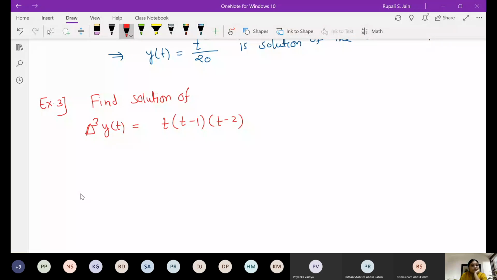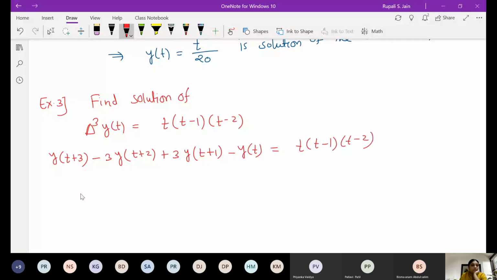Delta cube y t is equal to t, t minus 1, t minus 2. Instead of this, I can write y at t plus 3 minus 3 times y at t plus 2 plus 3 times y at t plus 1 minus y at t is equal to t times t minus 1, t minus 2. This is my delta cube.